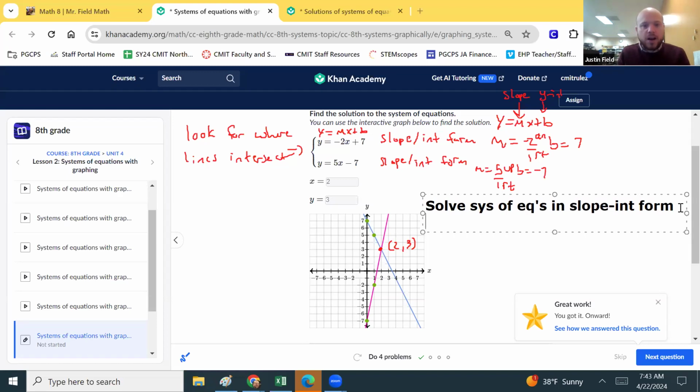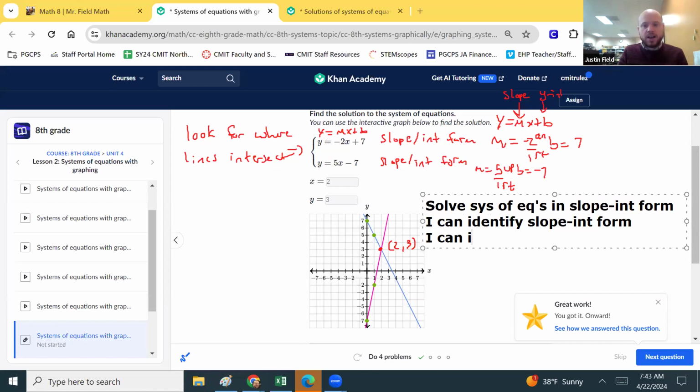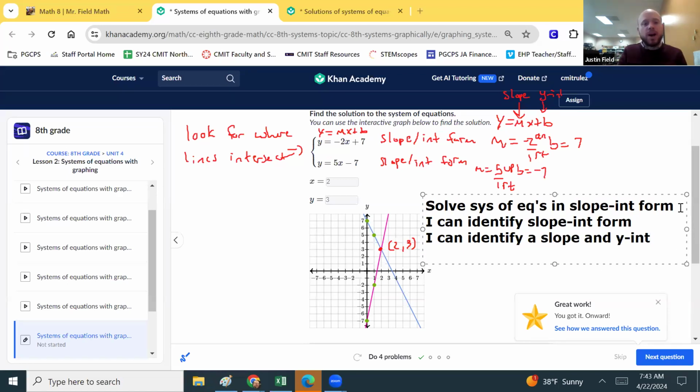Okay. So I can identify slope-intercept form. Okay, you have to know y equals mx plus b. Then I can identify a slope and y-intercept. Then we had to know which one was the slope and which one was the y-intercept.